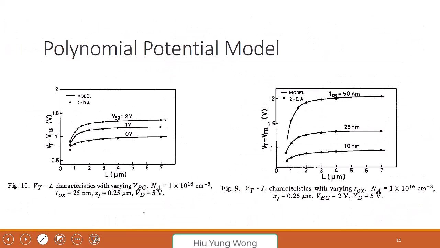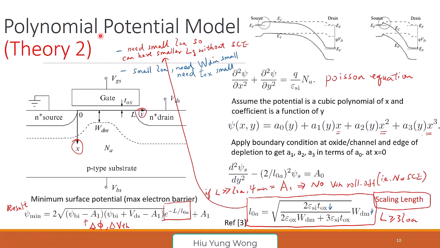If not, then let's go to the next page, right? Here, I try to show you the fitting of this polynomial potential model, which is theory two. They solve the Poisson equation, assuming it has a polynomial form. Eventually, they find the reduction in the barrier, and they come up with the scaling length. What they are saying in this paper is actually wrong, okay?